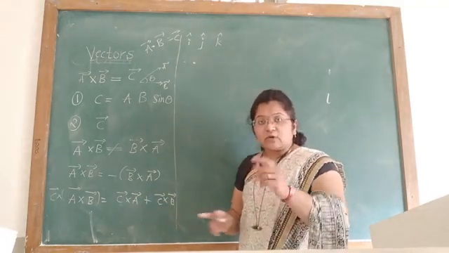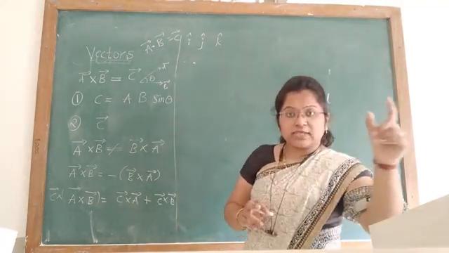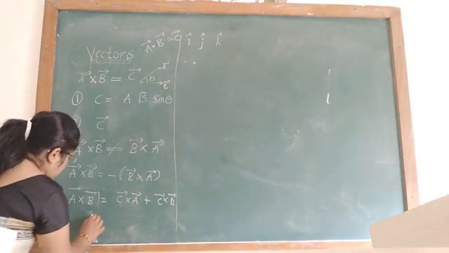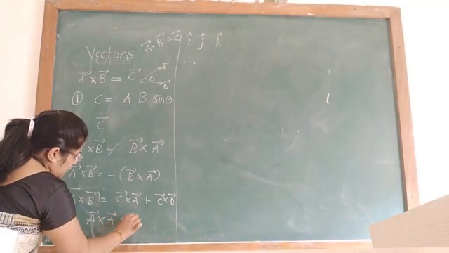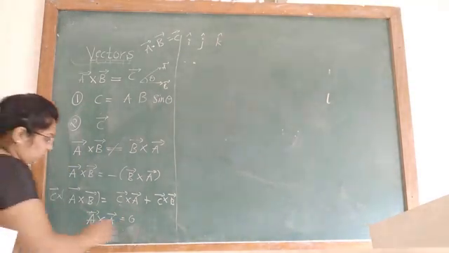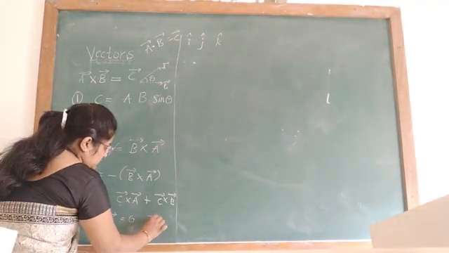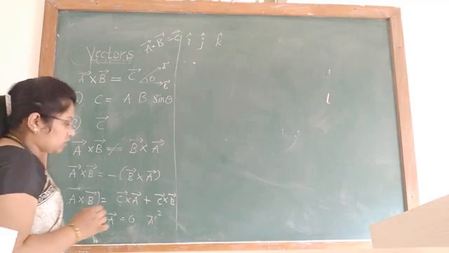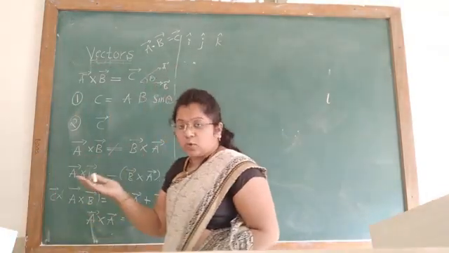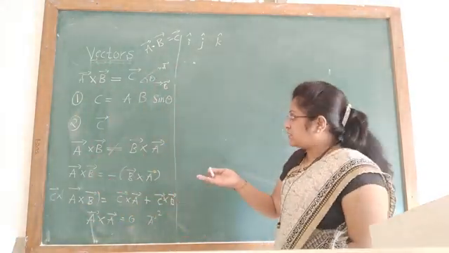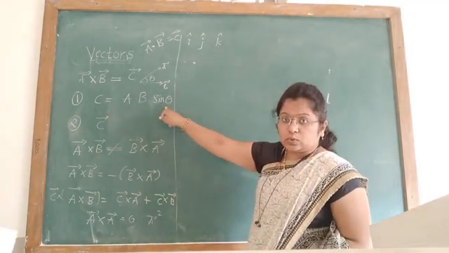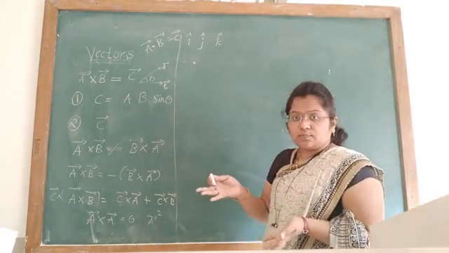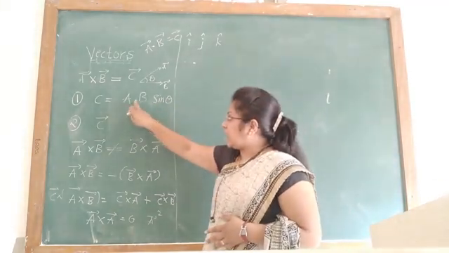When you consider only A cross A, that is always equal to 0. Why? Because A cross A gives A square times sine of the angle between the two vectors, and here the angle is 0.